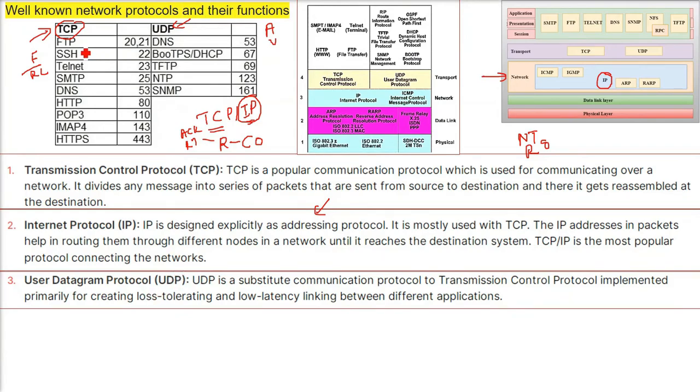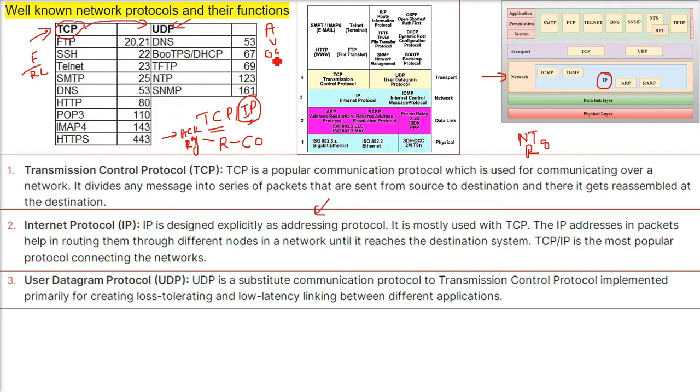User Datagram Protocol. As I said, TCP and UDP are the end-to-end delivery, that is process to process communication. TCP is slow because it needs acknowledgement for every packet it sends. UDP doesn't want that. UDP uses just an 8-byte header and the payload. So it does not form any kind of connection. It is connectionless and it is unreliable. But all audio and video uses UDP because the speed is much faster than TCP.